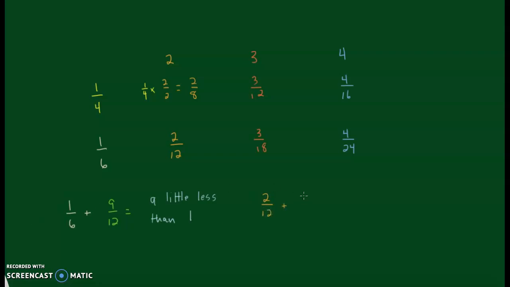And to that, I'm going to add 9/12. So 2/12 plus 9/12 is going to be 11/12. So on your home link, you're going to be using those equivalent fractions on your chart to help you find a fraction with a common denominator so that you can add or subtract.